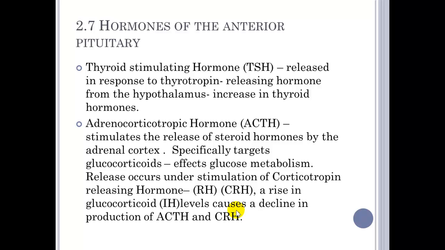Release occurs under stimulation of corticotropin releasing hormone. A rise in glucocorticoid levels causes a decline in the production of ACTH and CRH. So this is the negative feedback system here. Corticotropic releasing hormone, you get a rise in glucocorticoids, and then the levels cause a decline in what kicked them off to begin with.